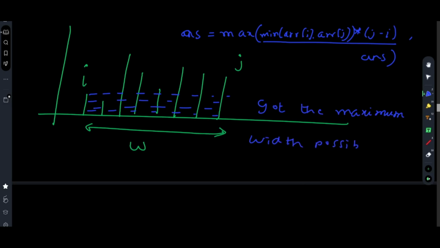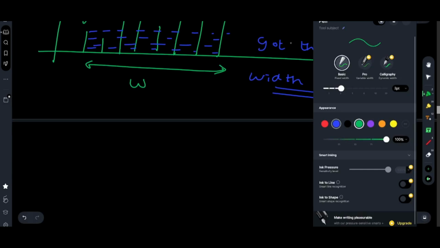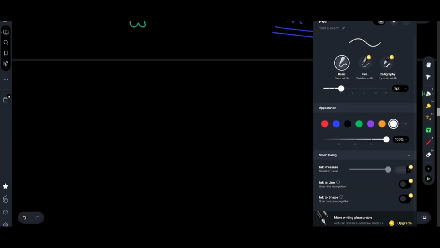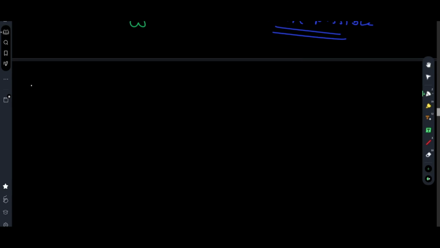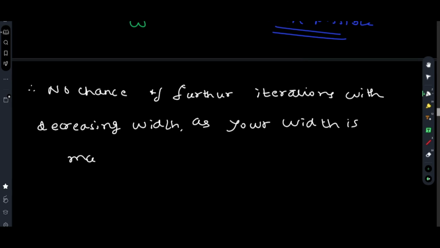There is no chance of increasing the area with this algorithm without decreasing the width, therefore no chance of further iterations without decreasing width, as your width is max right now.